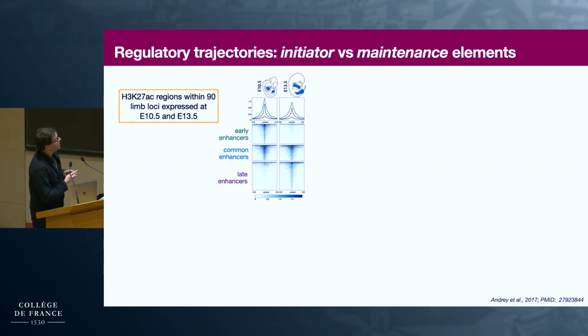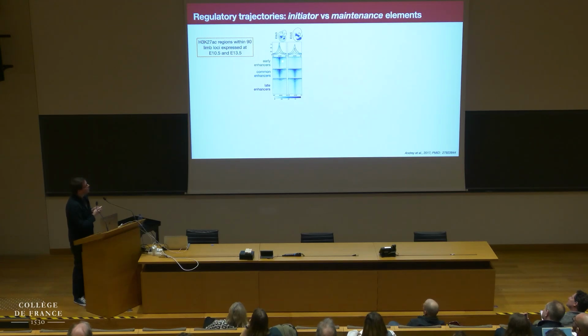So if you take 90 limb loci that are active at early development stage E10.5, but also active at late stage, and you look within their regulatory landscape, you will find a lot of enhancers that have early activity only or late activity only. You can see here a couple of enhancers where you see the enrichment of H3K27 acetylation specifically at the early stage, but at late stage they are much less active.